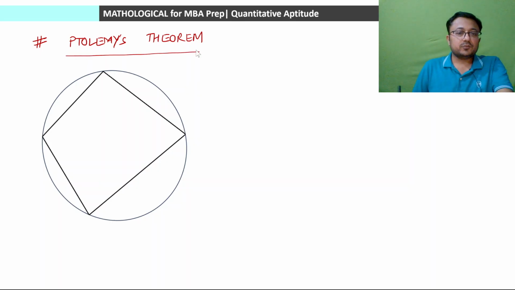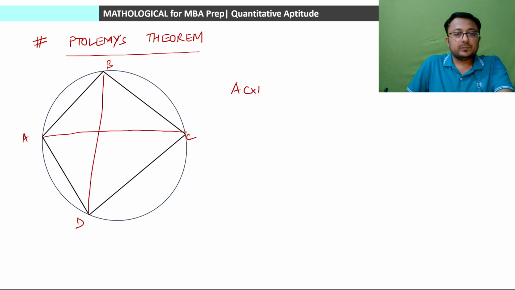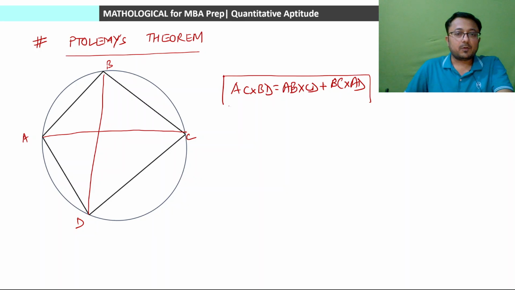As per Ptolemy's theorem, with AB, BC, CD and DA as the side lengths and AC and BD as the diagonals, the product of the diagonals is equal to the sum of the products of opposite sides. That is, AC into BD is equal to AB into CD plus AD into BC.